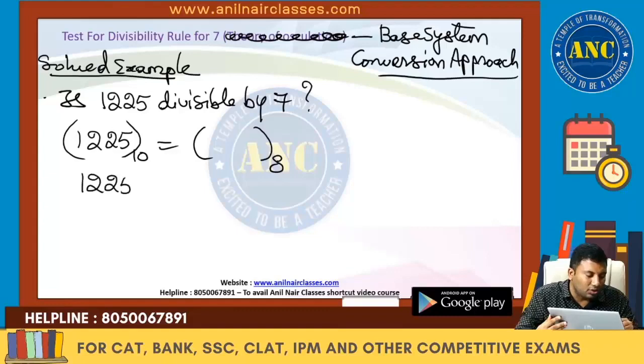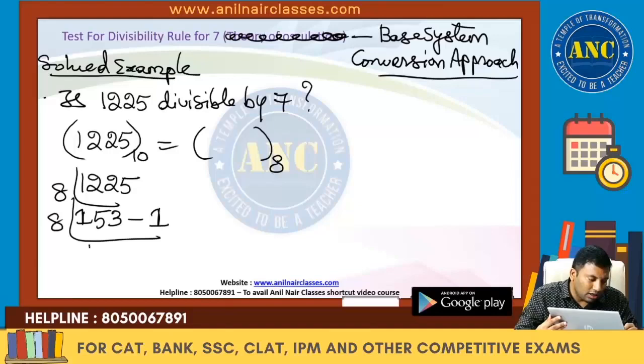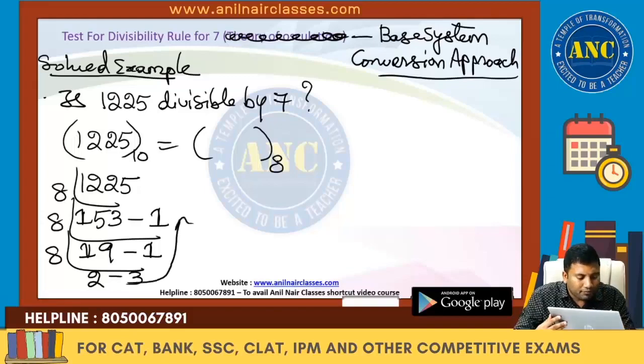Conversion means I have to divide it. 8 1s are 8, 42. 8 5s are 40, 25. 8 3s are 24, 1. 8 1s are 8, 73. 8 9s are 72, 1. 8 2s are 16, 3. Read from bottom to top: 2 3 1 1 in base 8.